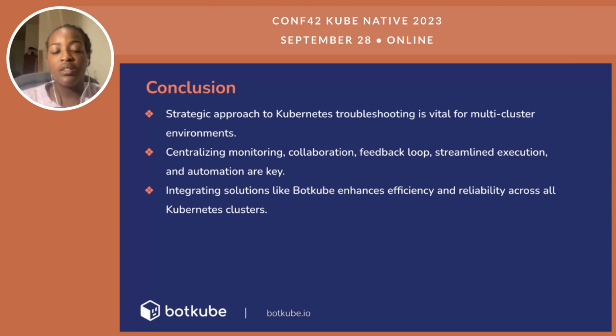So it's very important to have a calculated and targeted approach to Kubernetes troubleshooting and not just an ad hoc way of dealing with errors. By following the best practices I've talked about, you will be able to take your Kubernetes troubleshooting to the next level. And finally, integrating solutions like Botkube will enhance your efficiency and reliability across all your Kubernetes clusters.